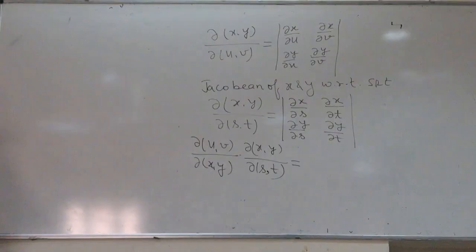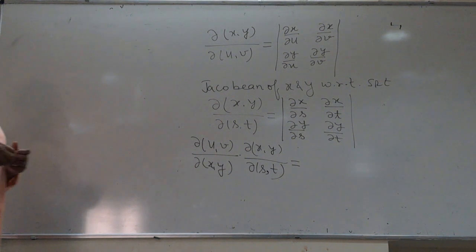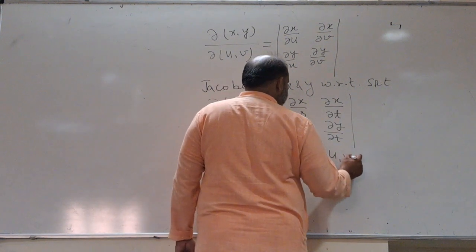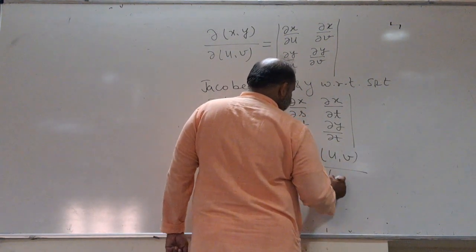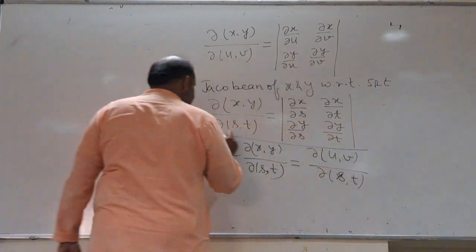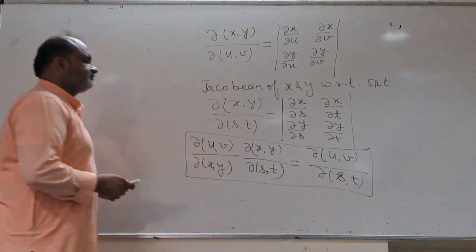So now there will be the multiplication of two determinants, and upon simplification you will get the Jacobian of u, v with respect to s and t.